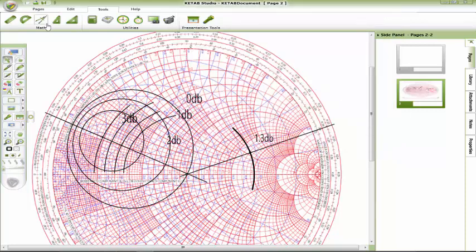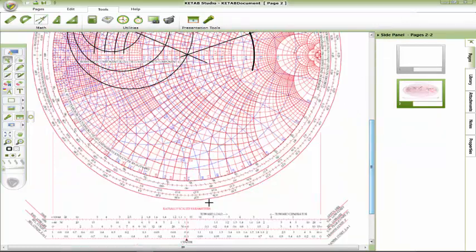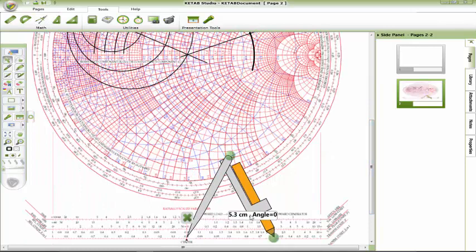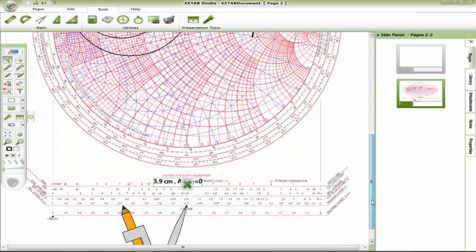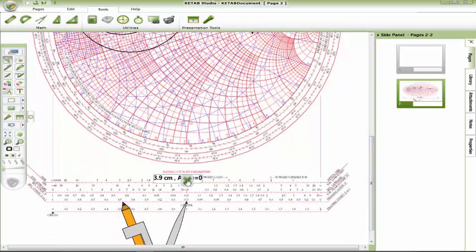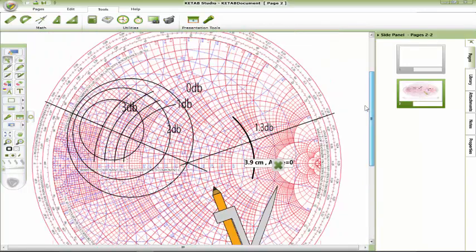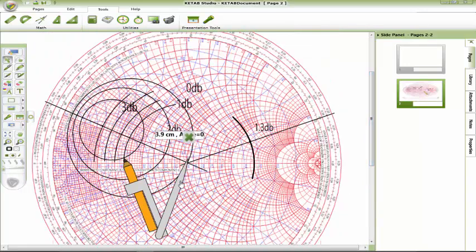So we put the compass at this center and put it on 0.48. I'll put it here.